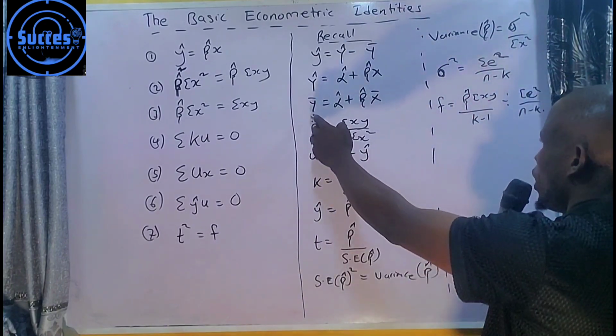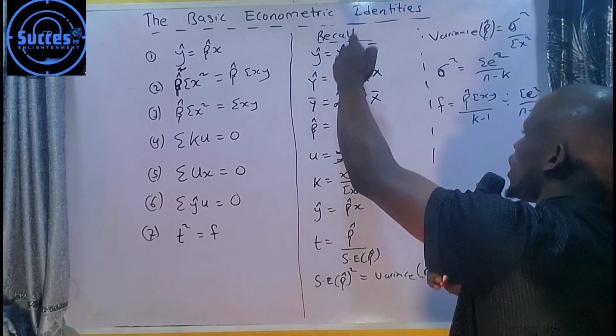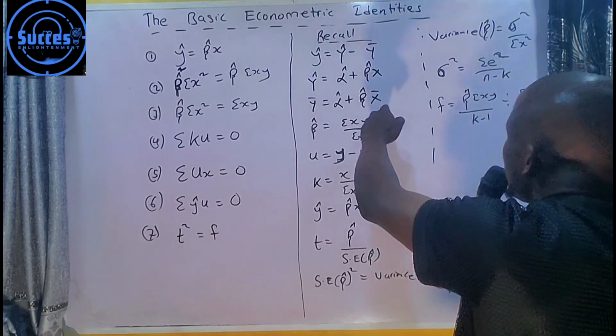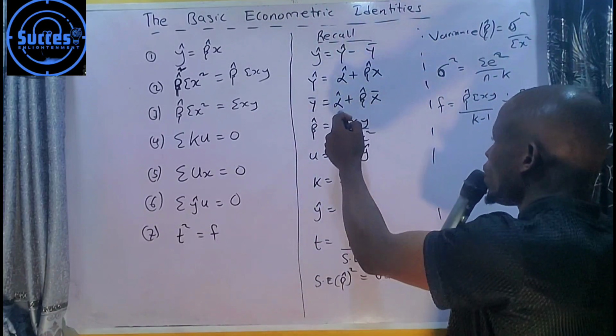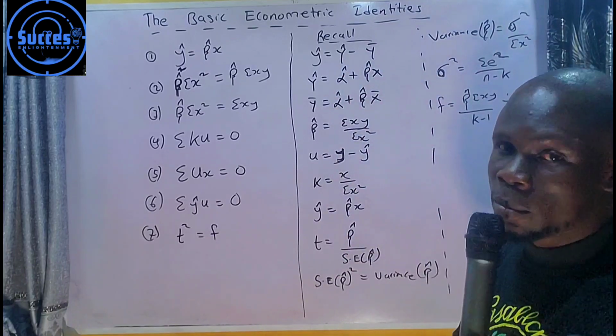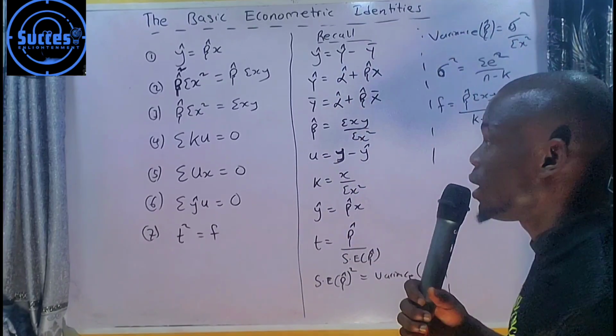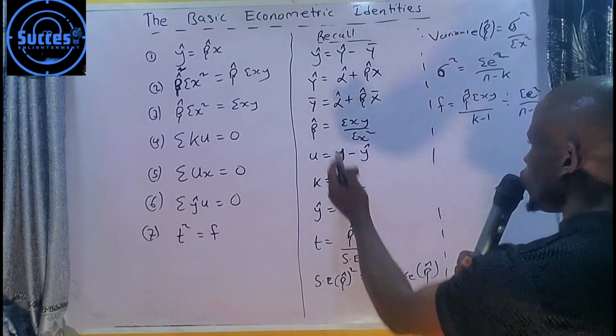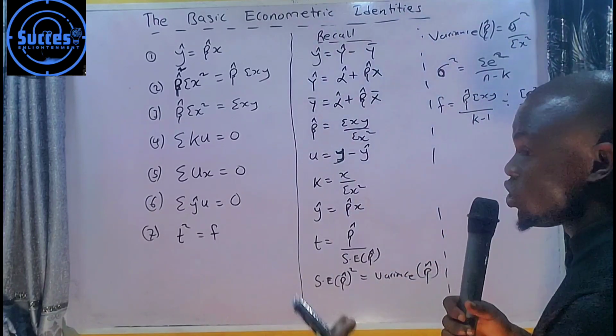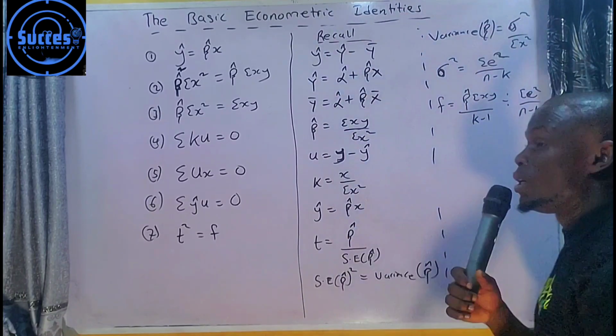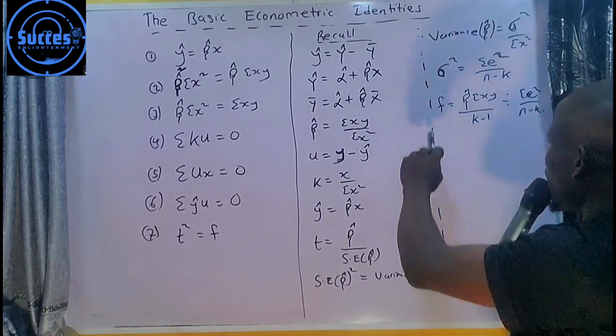Then what is your Y bar? Your Y bar is alpha cap plus beta cap X bar. That's your Y bar. Then what is your beta cap? Our beta cap, using the derivation approach, is summation xy over summation x squared. All these are given.